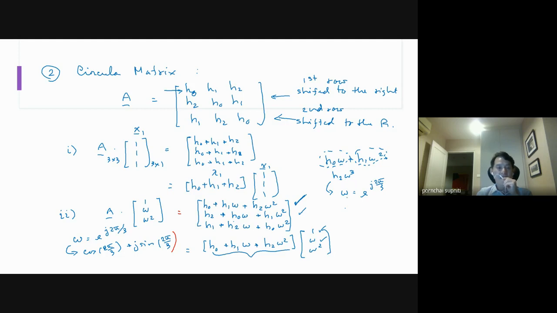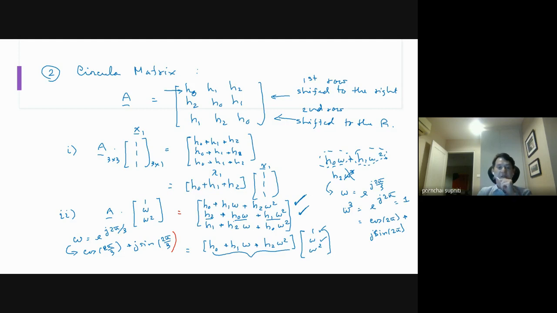But because omega is e to the j 2 pi over 3, omega cubed is e to the j 2 pi, which is equal to cosine of 2 pi plus j sine of 2 pi, which is in effect equal to 1. So this term becomes 1, and I can just write H2. So it's the same as this line.